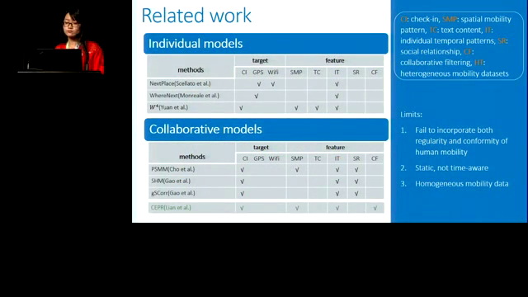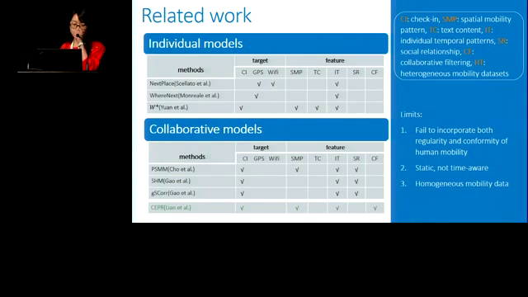Actually, human mobility prediction is a very hot research field due to its rich applications in various domains, like urban planning and personal digital assistants like Siri, Cortana, and Google Now. Existing models can be categorized into two types: individual models and collaborative models. First, the historical spatial temporal patterns are the fundamental factors for inferring users' future locations.